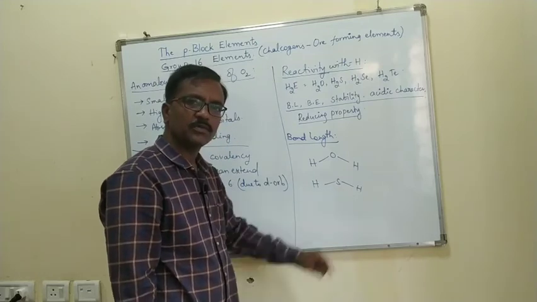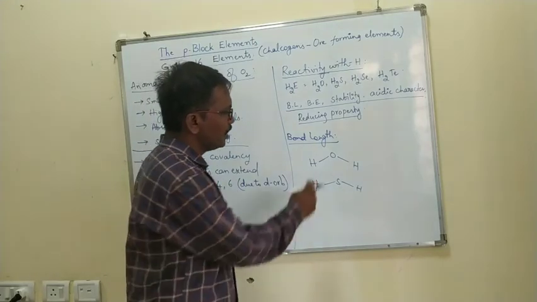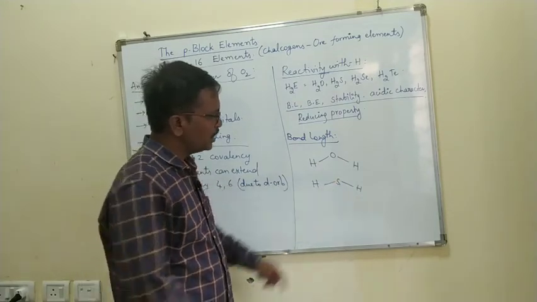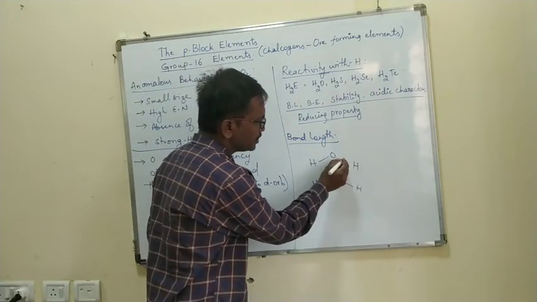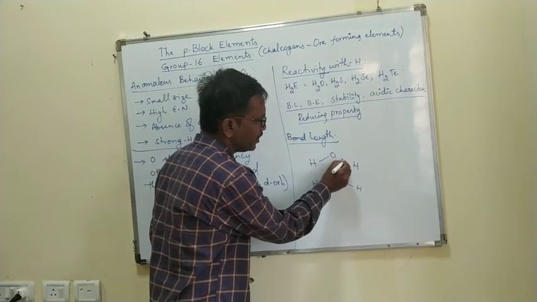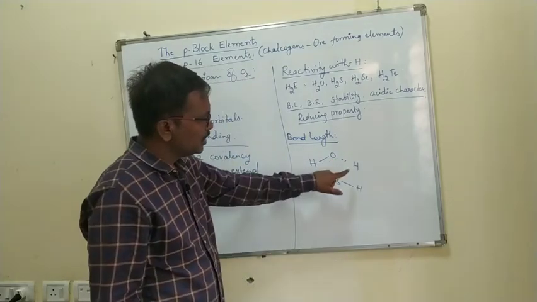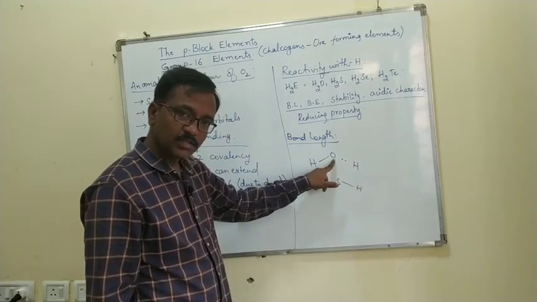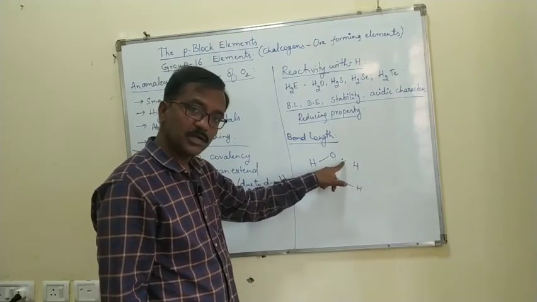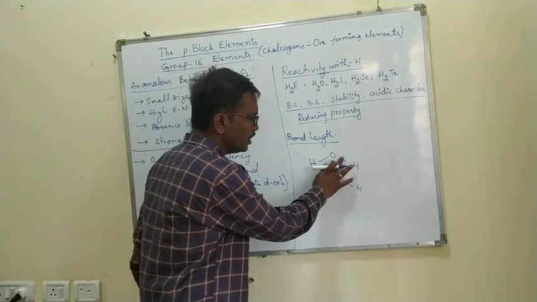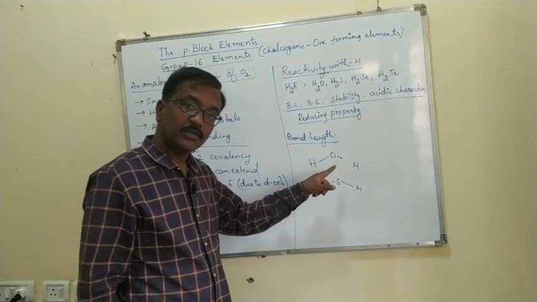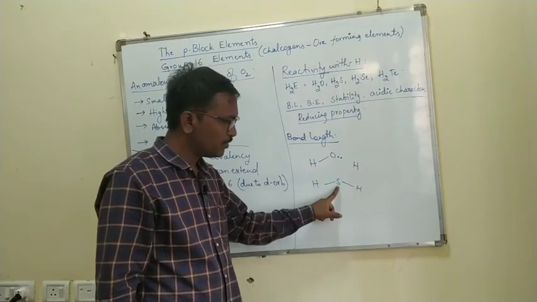The S-H bond length is more, because oxygen is more electronegative than sulfur. The bonded pair electrons, oxygen giving 1 electron, hydrogen giving 1 electron, so the bond pair electrons are nearer to the oxygen, because oxygen is more electronegative than the sulfur.